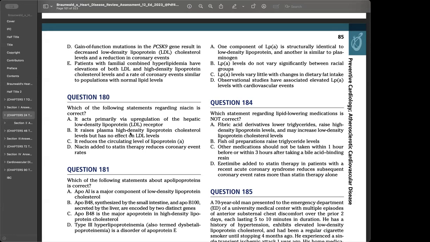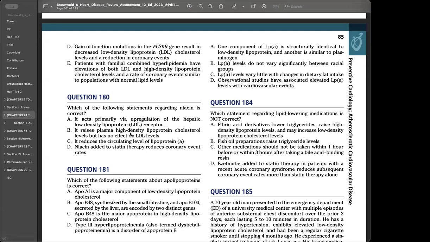So option A, fibric acid derivatives lower triglyceride, raise HDL, and increase low density lipoprotein cholesterol levels.